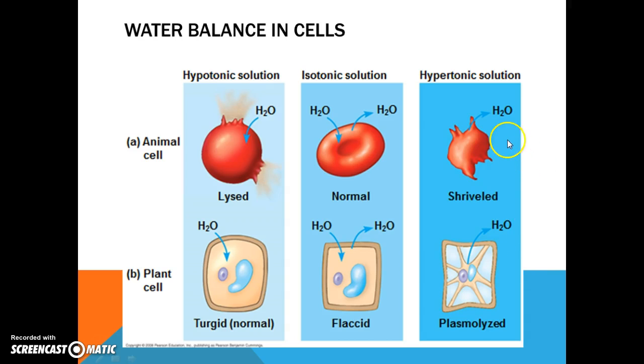Keep in mind that water moves from low concentration to high concentration. We can see that this red blood cell, I don't know if you knew this, but these are red blood cells, is getting shriveled up as a result of the loss of water. Or in the case of plant cells, they're getting really shriveled up, or as much as they can anyways, or plasmolyzed.